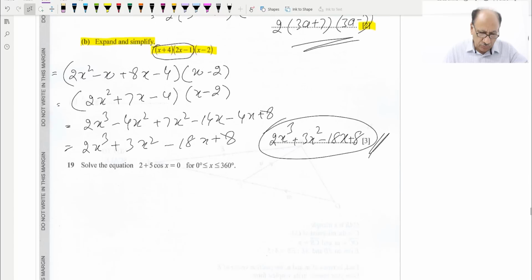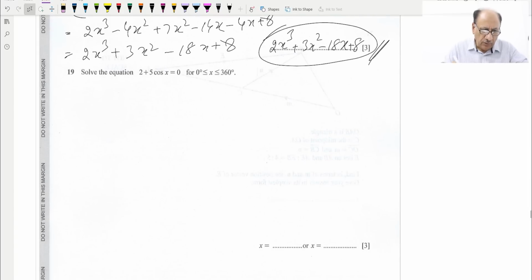Hopefully you understood this. Question number 19 says solve the equation, and this is also a very simple 3 mark question if you understand it properly. This is cos. First of all, we will have to make this equation in shape.